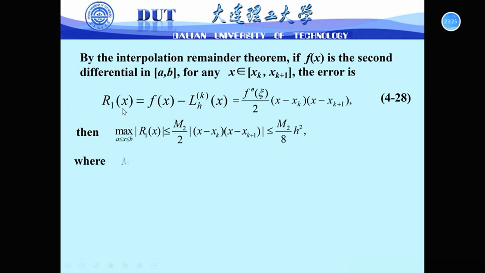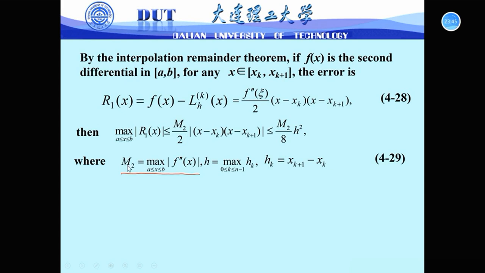Then the maximum of the error is the bound. We can define M2 as the maximum of the absolute value of the second derivative of f on the interval.